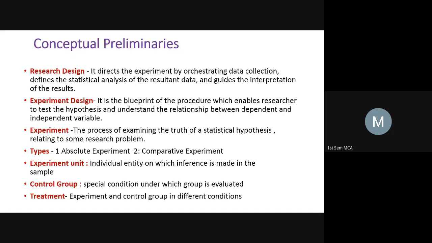So I take the data, I do some processing on that data, then I apply some statistical methods to get some information, and it guides the interpretations of the results. That means, given the data, I apply some statistical tools or statistical analysis on the data, and it is going to give some information or inference.